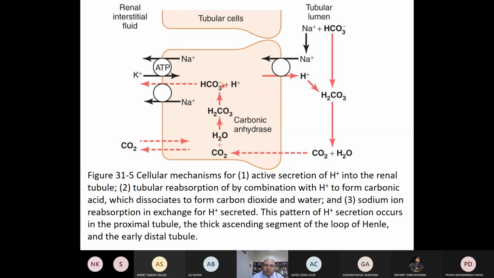Bicarbonate will be absorbed and hydrogen will be secreted into the tubular lumen. Okay, so what happened in this case? We lost hydrogen and then we lost acid and we got base, bicarbonate.